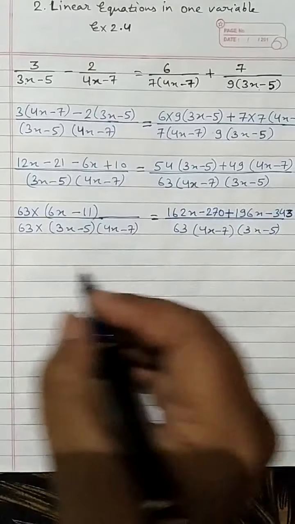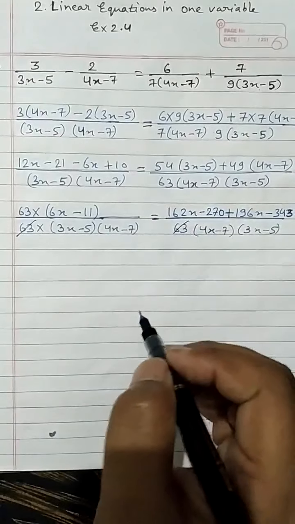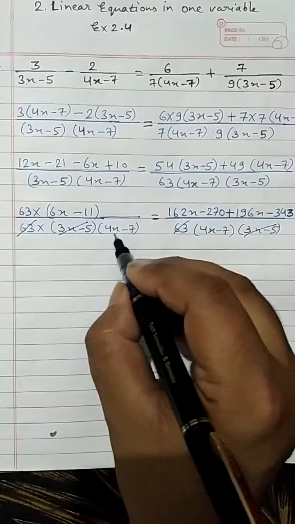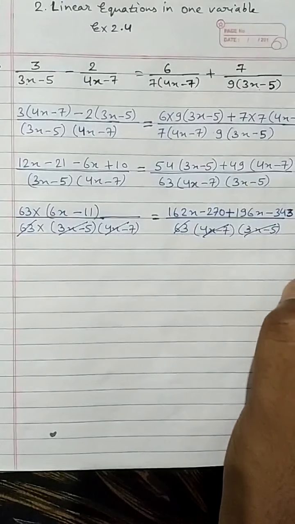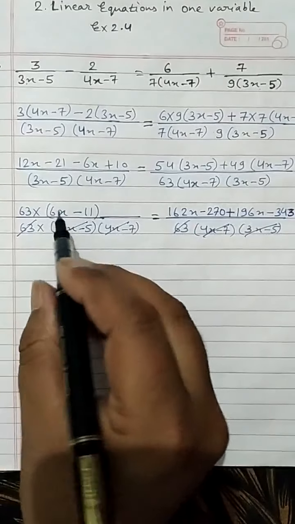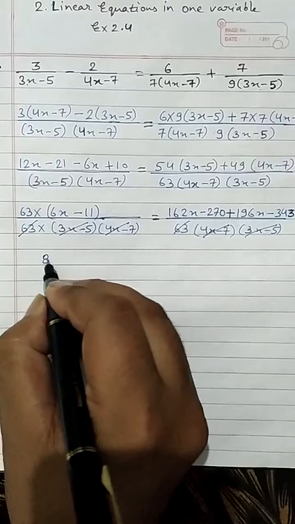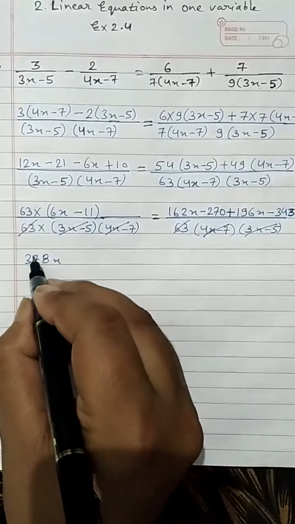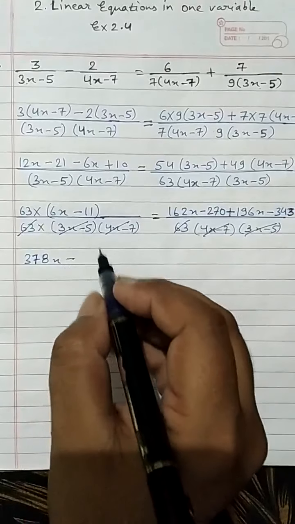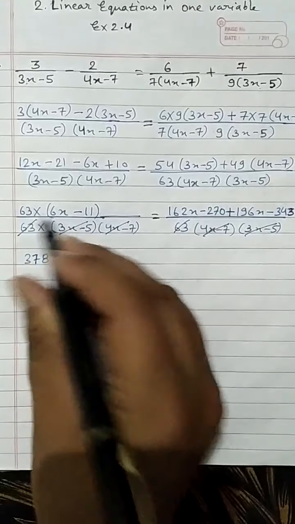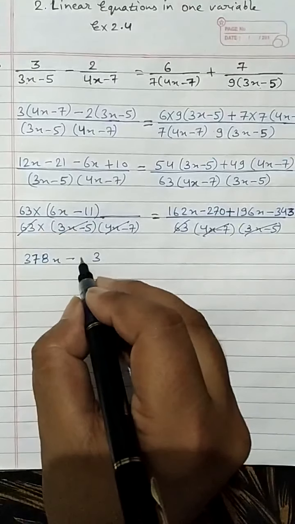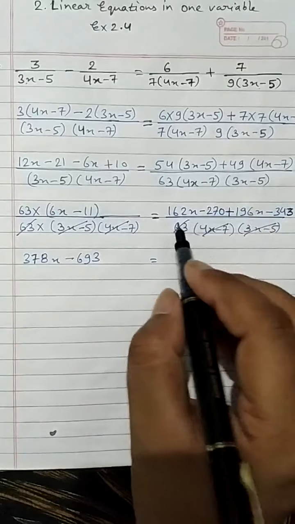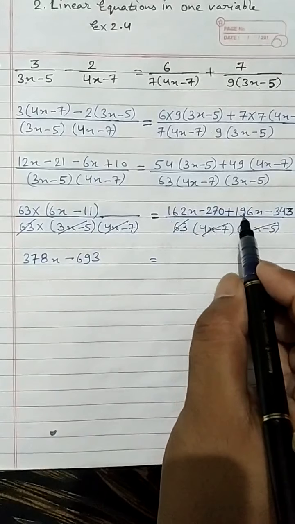On both sides we can see that 63 is cancelled, 3x minus 5 is also cancelled, 4x minus 7 can also be cancelled. Now 6 threes are 18, 6 sixes are 36, 378x minus 11 threes are 33, 11 sixes are 66, plus 3 is 69 equals, now we can add 162x and 196x.